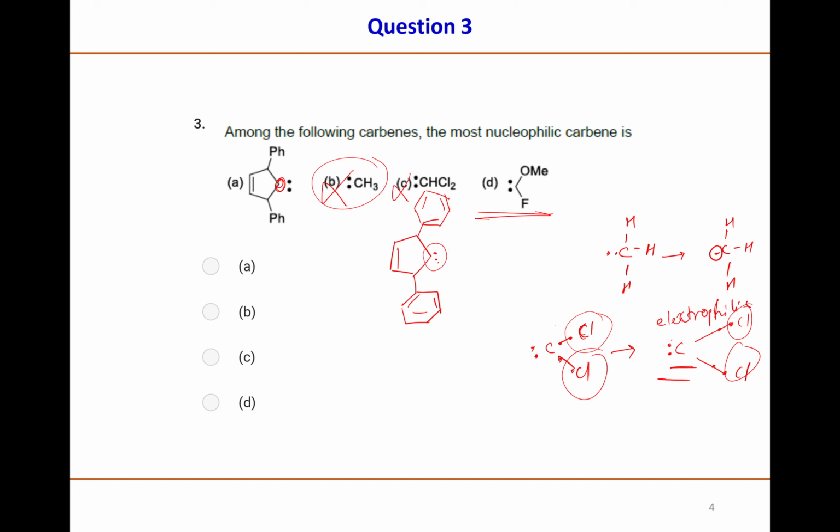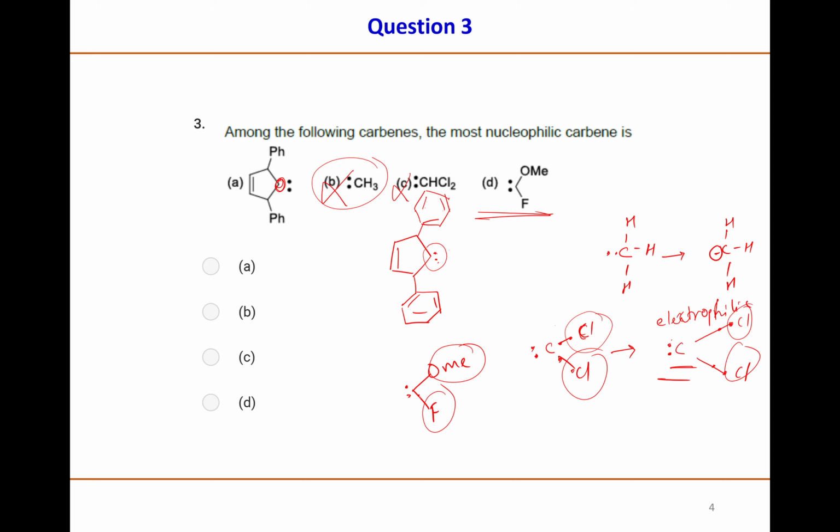Now let's talk about option D. In option D we have OMe, fluoro and carbon. Right? Now you can see that this carbon is attached to two different groups. One is methoxy and one is fluoro. We have discussed that fluoro, bromo are all electron withdrawing groups.